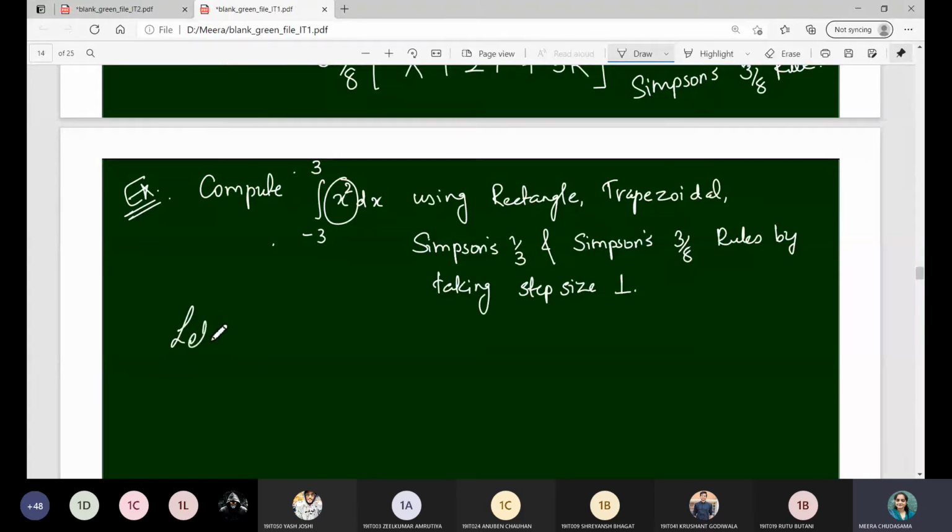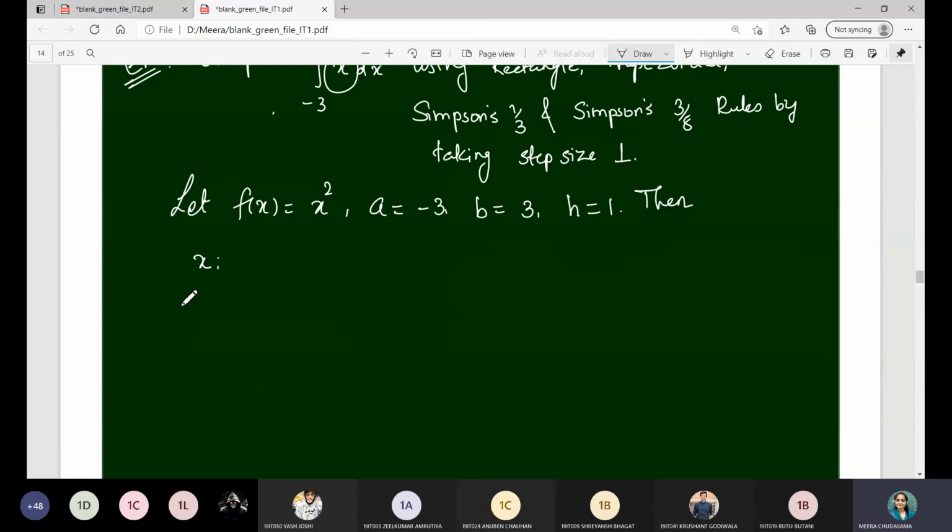So let me consider f of x as x square, that is the integrand which we want to evaluate, a, that is the lower limit, b, that is the upper limit, h, that is the given step size 1, right? Then now we will construct the table consisting of x values and the corresponding y value, that is f of x.